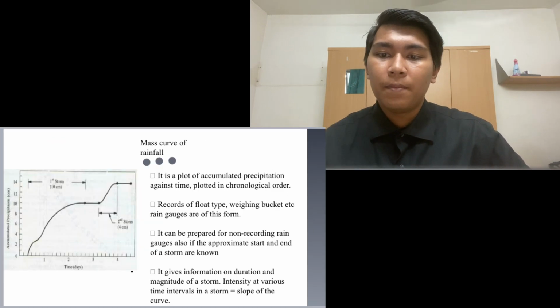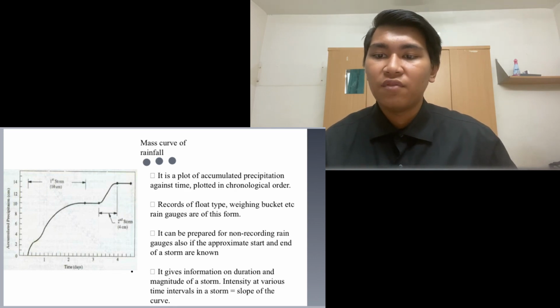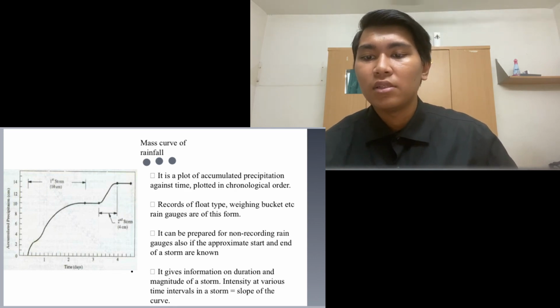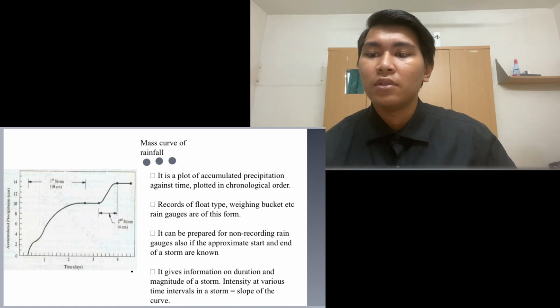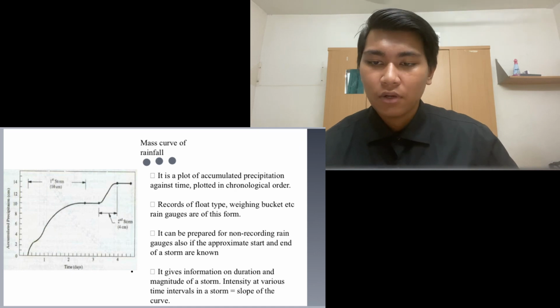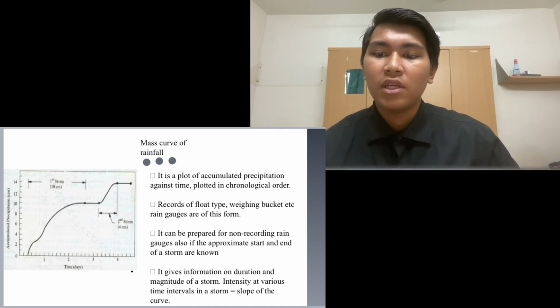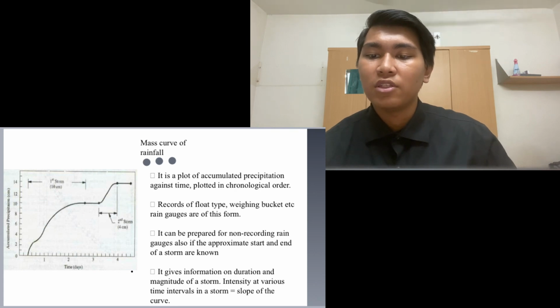The second one is the mass curve of rainfall. It is a plot of accumulated precipitation against time, plotted in chronological order, and records of float type, weighing bucket, tipping bucket, and other rain gauges are of this form.